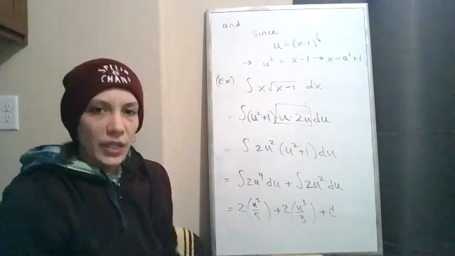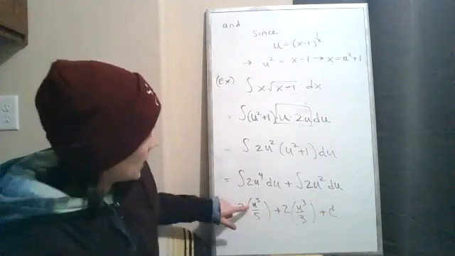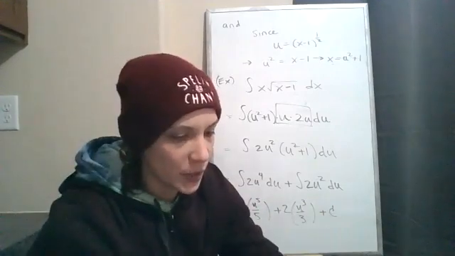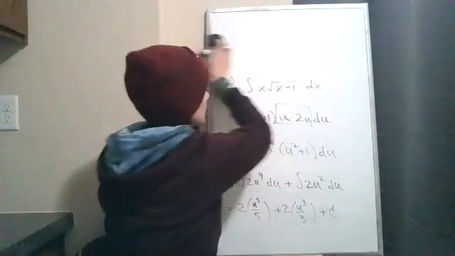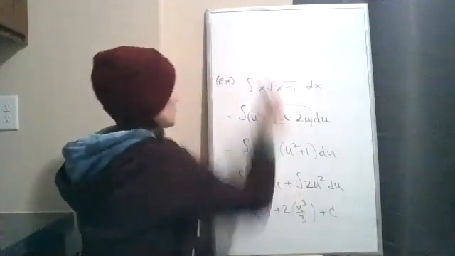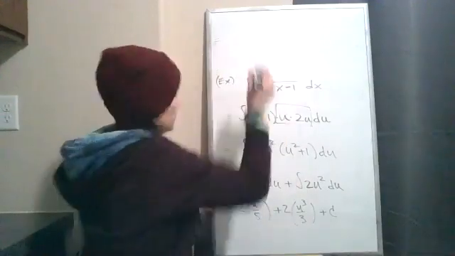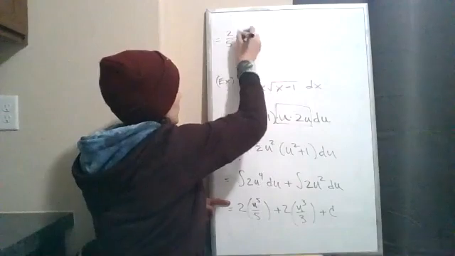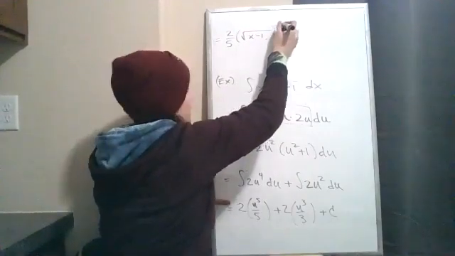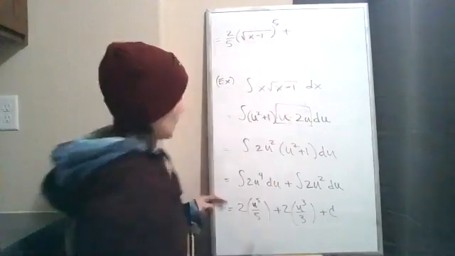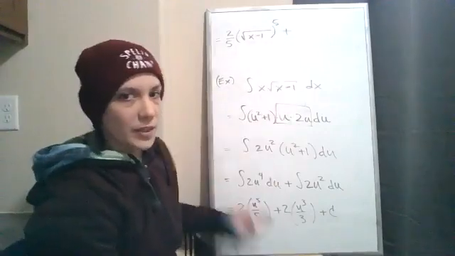Last part is to put u in. u was the root of x minus 1. Okay, 2/3 times the root of x minus 1 cubed.